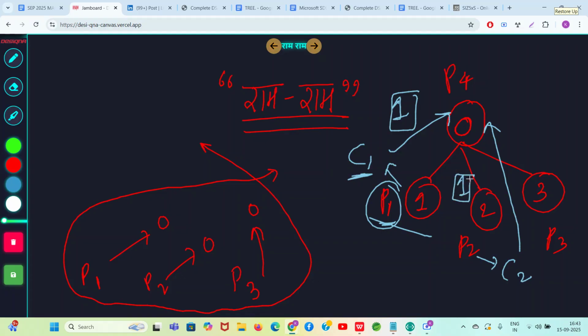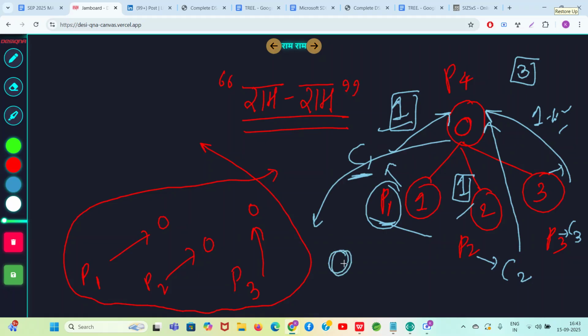It costs him 1 liter of fuel. P3 will use his car C3 and go to node 0. It will cost him 1 liter of fuel. So the total fuel consumed is 3 liters, right? After 3 liters, finally at node number 0, all the people are at node 0. So basically, somehow all the people have to reach node 0.